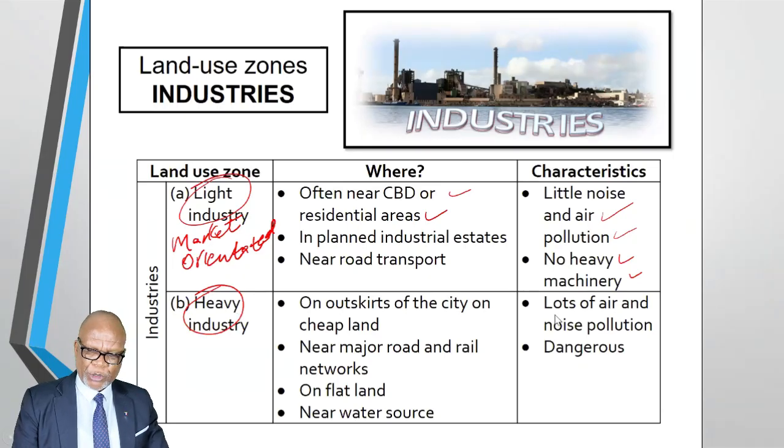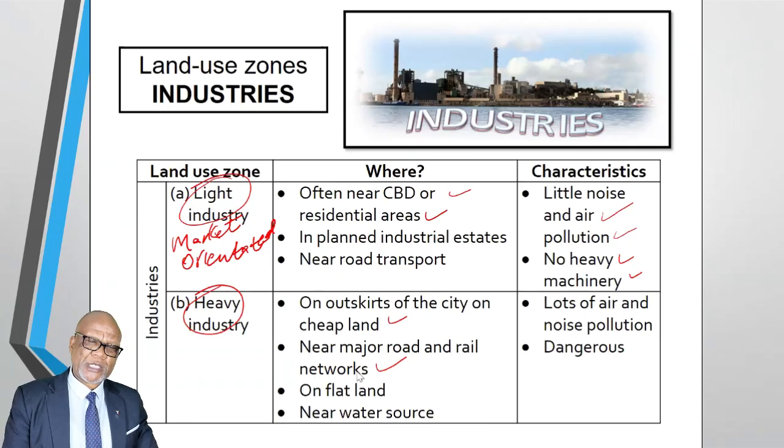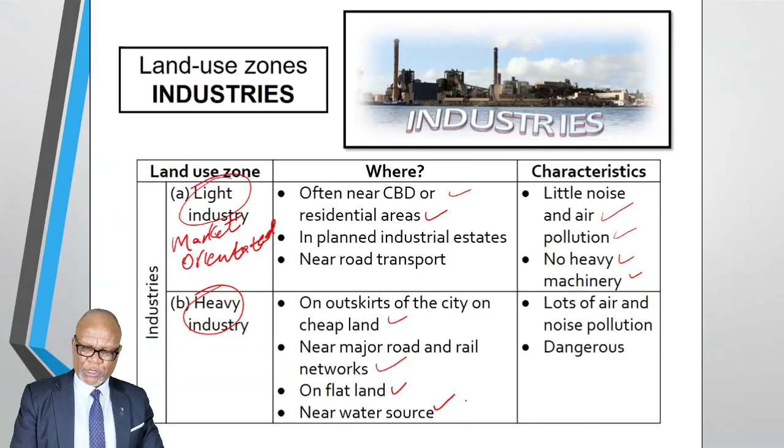We'll look at that when we're doing economic geography in a few minutes' time. They are usually found on the outskirts where the land is cheaper. They are found near major or bulky transport networks to transport the goods to the market and the raw material to the factory. They are usually found on flat land and also near water sources.